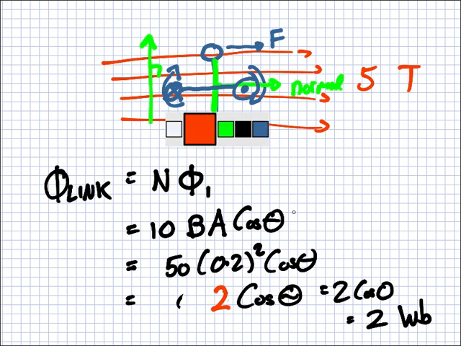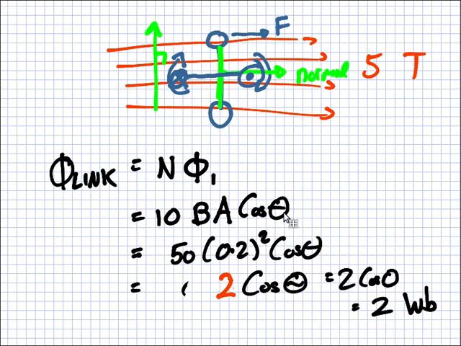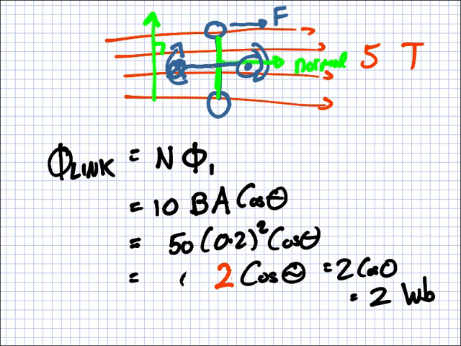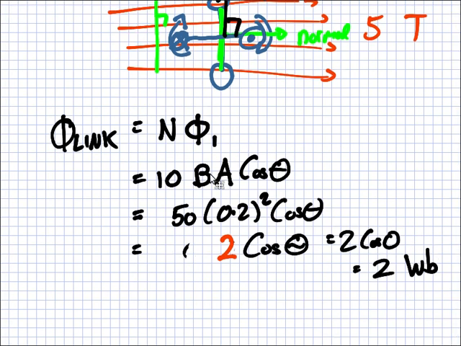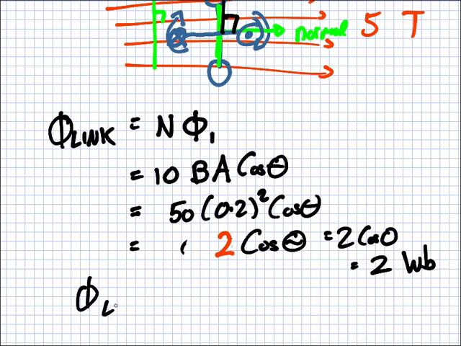The only difference here is the theta. When it's horizontal, the normal is pointing up, which is perpendicular to the field. So like you said, it will be 90, so it's 2 cos 90, which is 0 Webers. Okay?